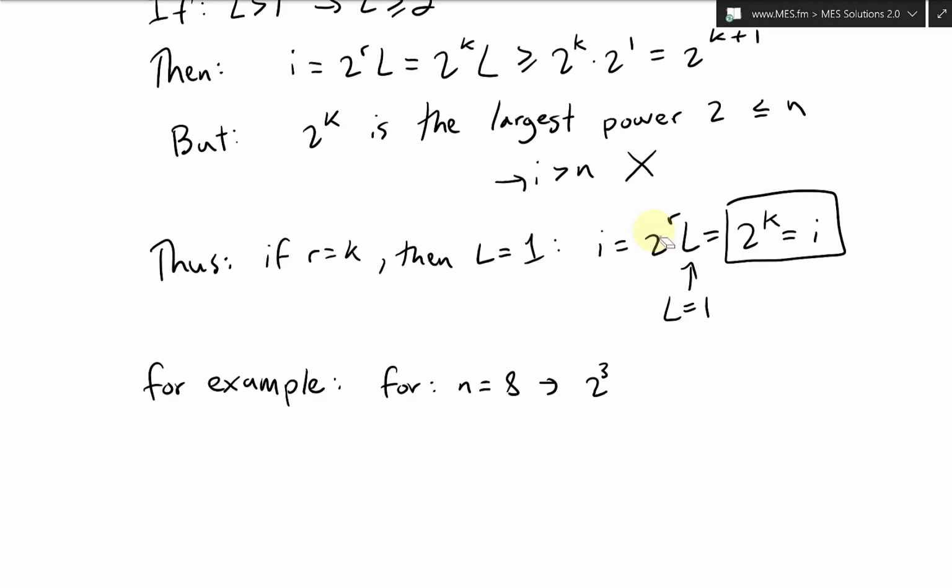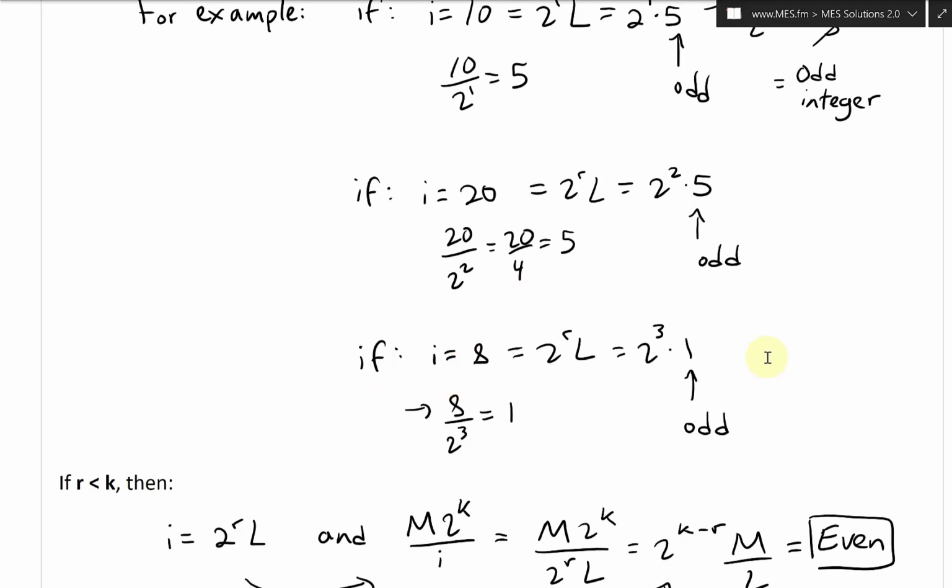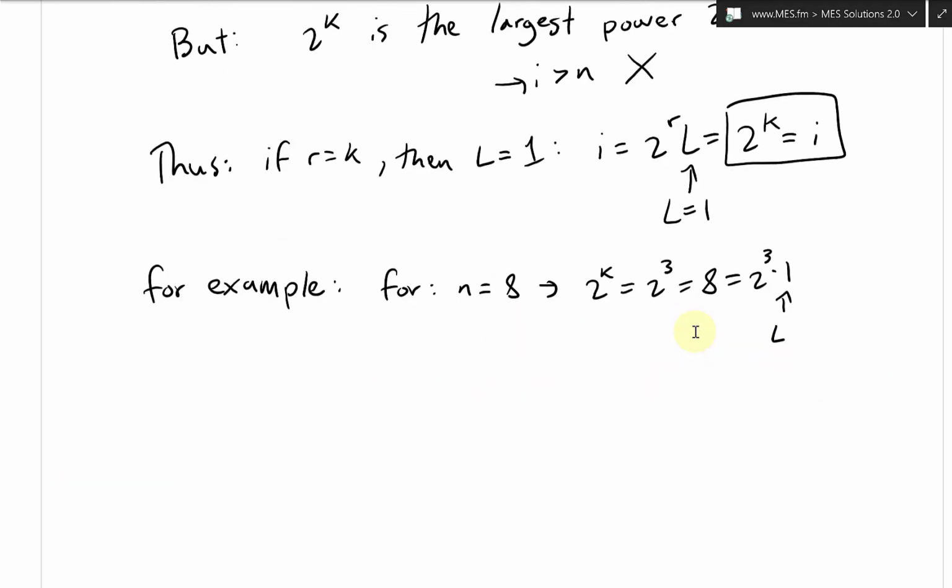So 2^k equals 2^3, it's the largest power, and this is just equal to 8. And this equals our 2^r L that we had, which is 2^3 times 1, where this is L, and 2^3 is the highest power. So that's exactly this part right here. That's pretty interesting stuff.